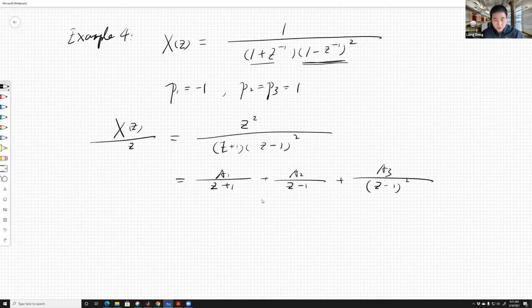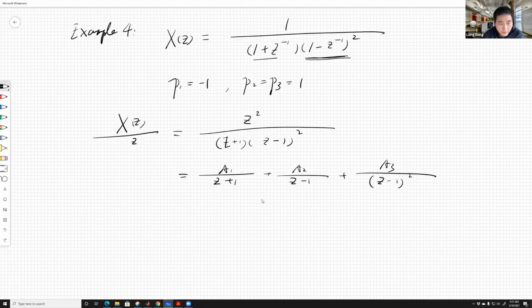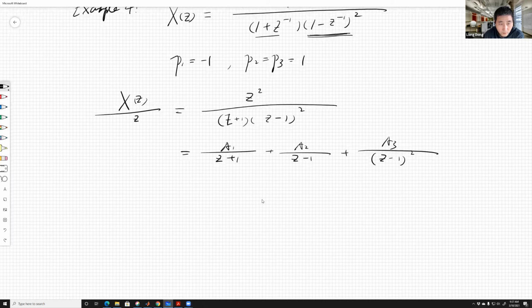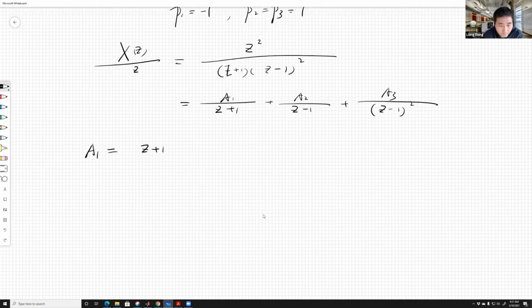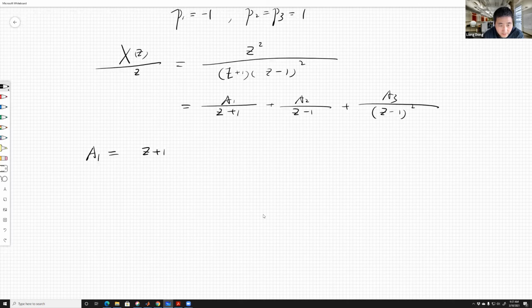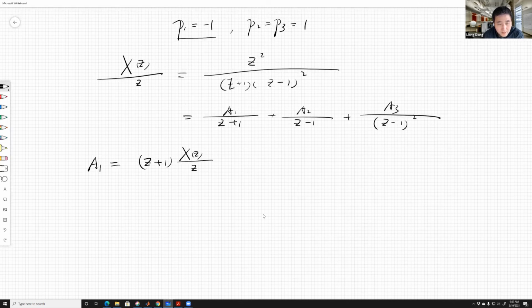Using the method we just showed, to find A1, it's very simple. A1 is we multiply the entire thing by Z subtract P1, which is Z plus 1. Right? P1 is -1 here. So we multiply this entire thing, xz over z, by Z subtract P1, which is Z plus 1, and evaluate it on Z equals -1, on Z equal to P1.